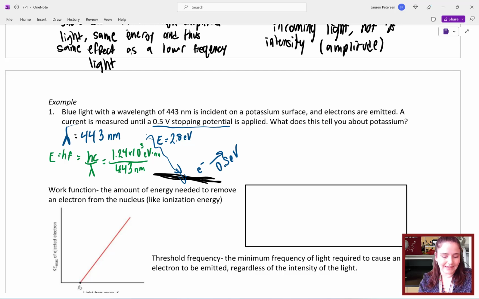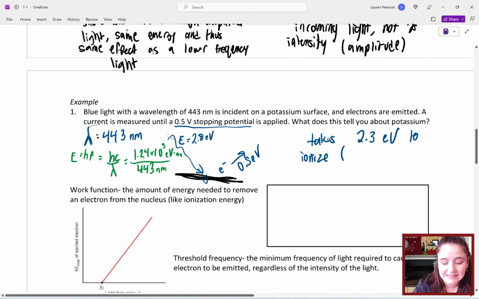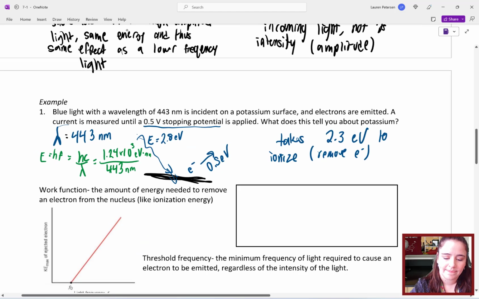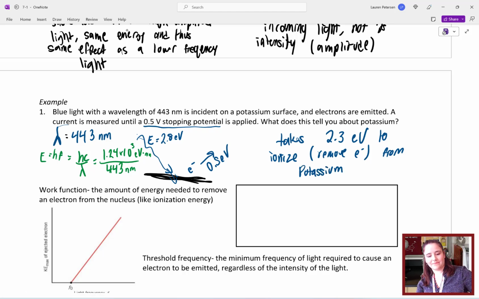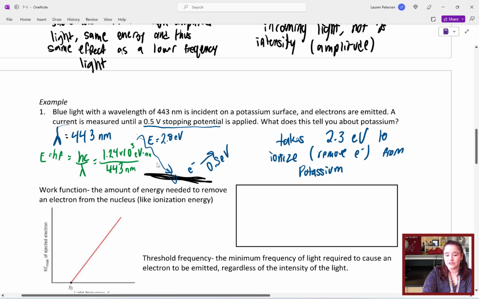What this tells us is that it takes 2.3 electron volts to ionize. Ionize means remove an electron, to remove an electron from potassium. Because we've shown that 2.3, the leftover energy that electron had as it was traveling was 0.5 electron volts.